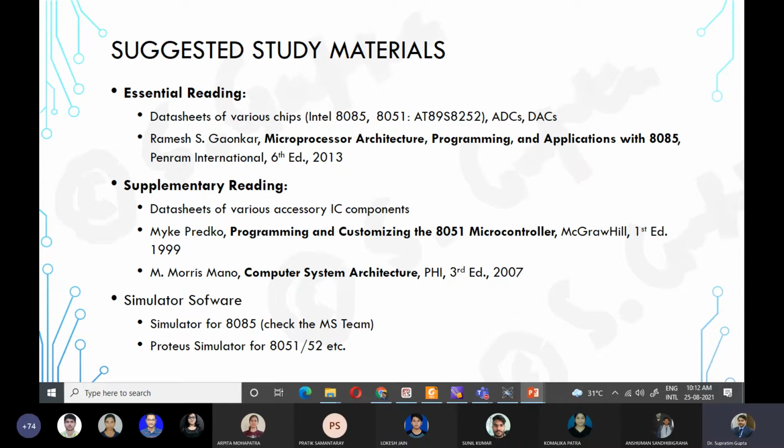Unless you develop that habit, you will be very impatient to read it at the time of demand. So now onwards, it is your task to become habituated with datasheet reading, understanding, and applying that knowledge for developing your engineering systems.